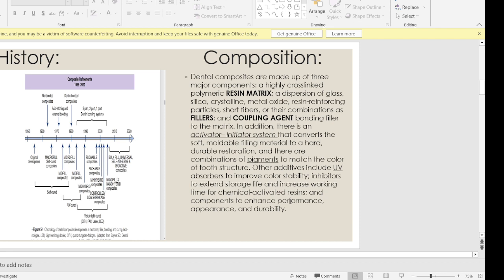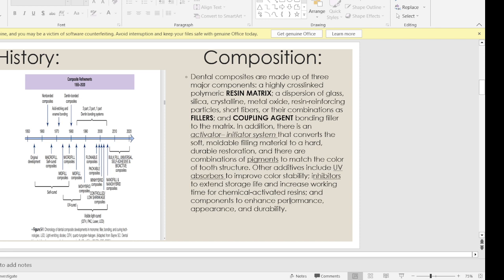We also have a variety of composites based on requirement: flowable composite, packable composite, and controlled low shrinkage composite. Apart from that, there are nano hybrid and nanofilled composites, and then the bulk fill universal composite, which is the recent advancement of the composite.